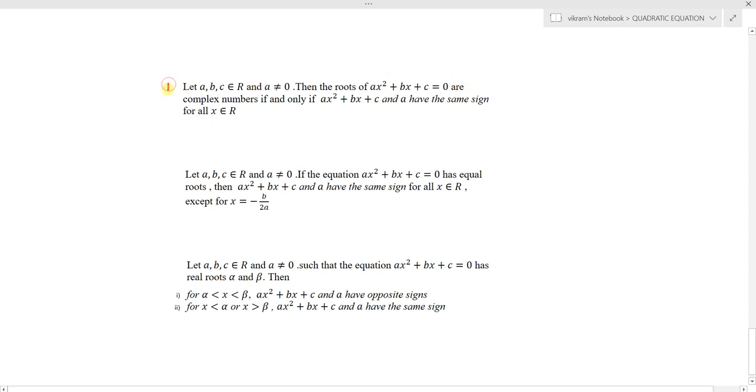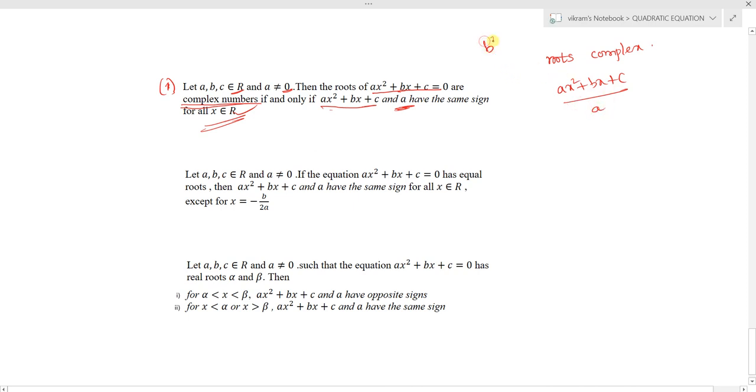The first one we discussed: let a, b, c belong to real numbers and a not equal to 0, then if the roots of the quadratic equation ax square plus bx plus c equals 0 are complex numbers, what is the condition? ax square plus bx plus c and the quotient of x square will have the same sign for all x belonging to R.